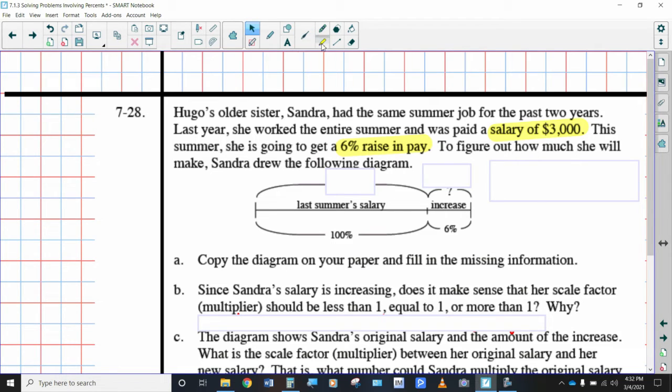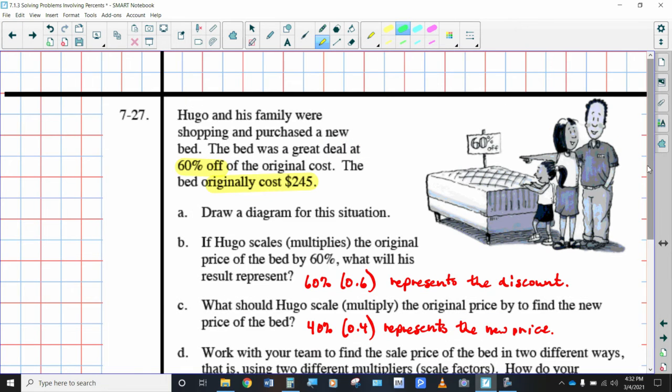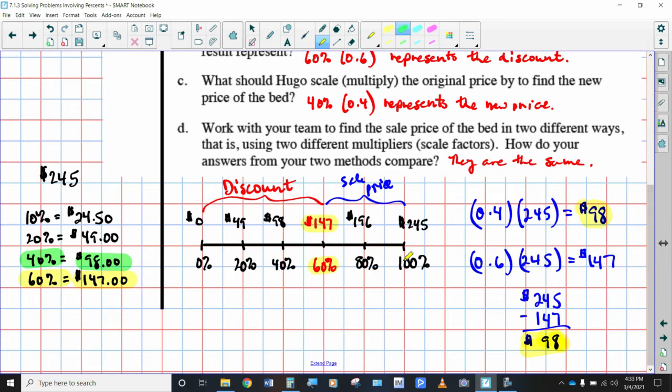All right, so notice the difference between this problem and the previous situation. In the previous situation, you had your 100% here that when you added the discount and the sale price, both added up to 100%. So if you wanted to find the sale price, you would subtract the discount from the total.